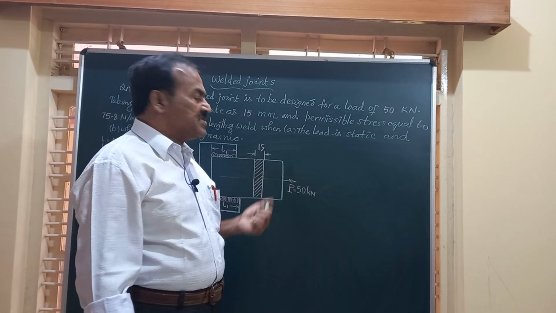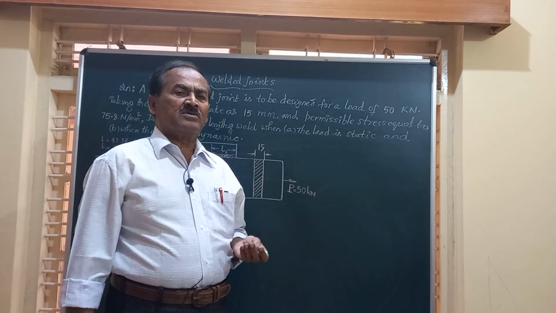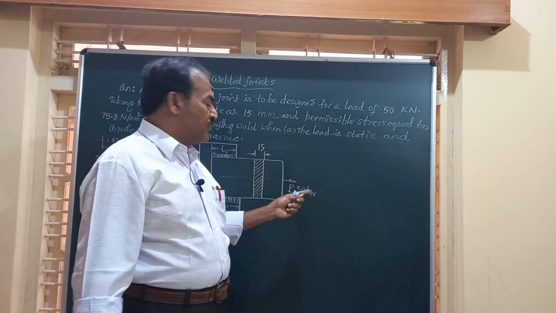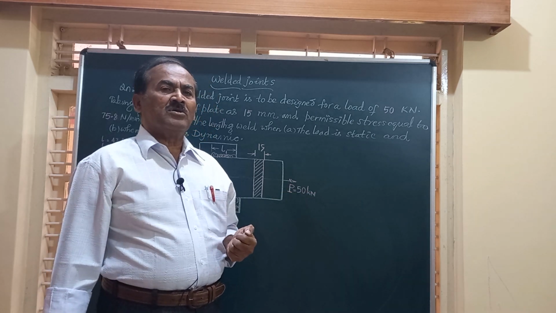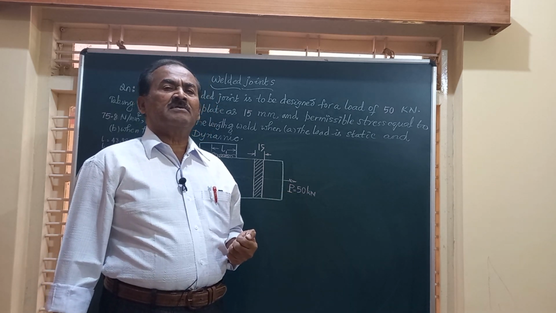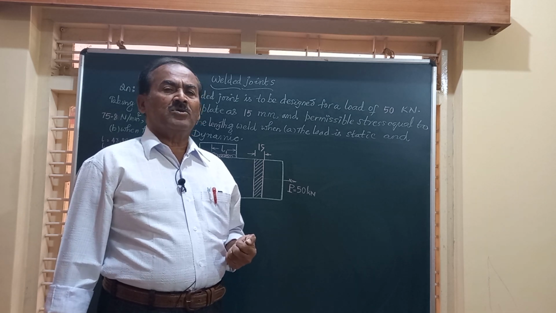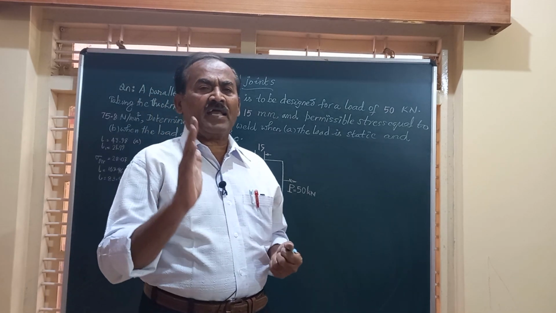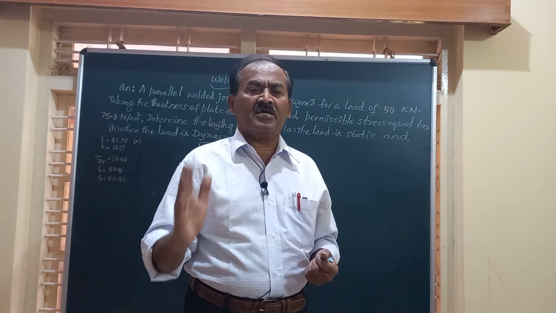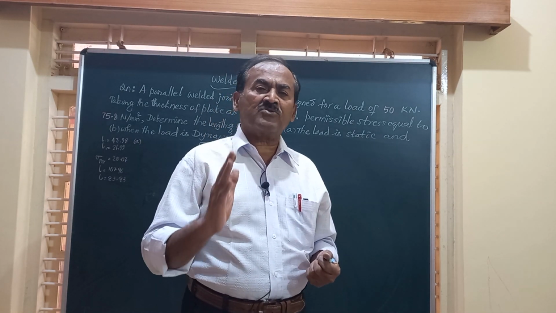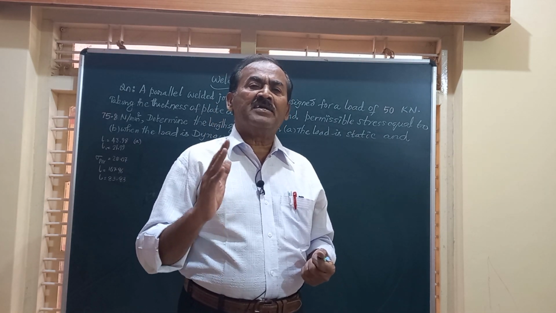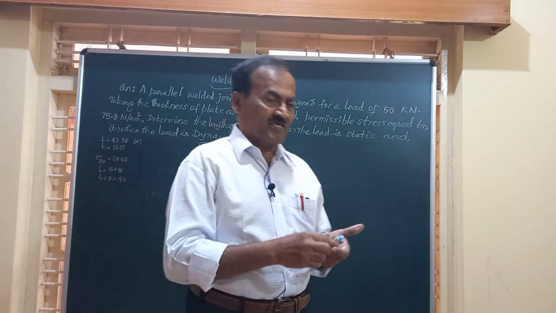Friends, all these parallel welds, when subjected to a pull like this, they fail by shear. So you should remember, parallel welds fail by shear and transverse welds fail by tearing. So you have to remember these two.